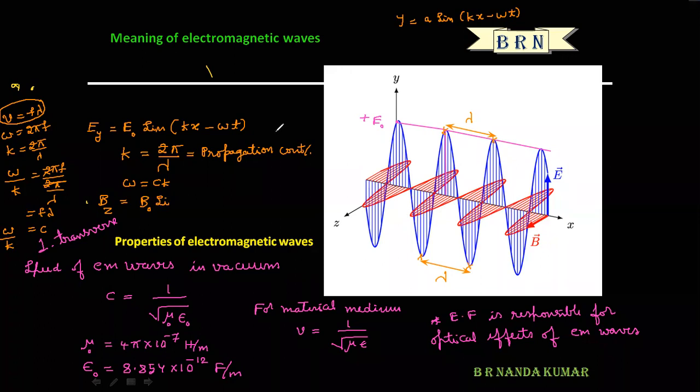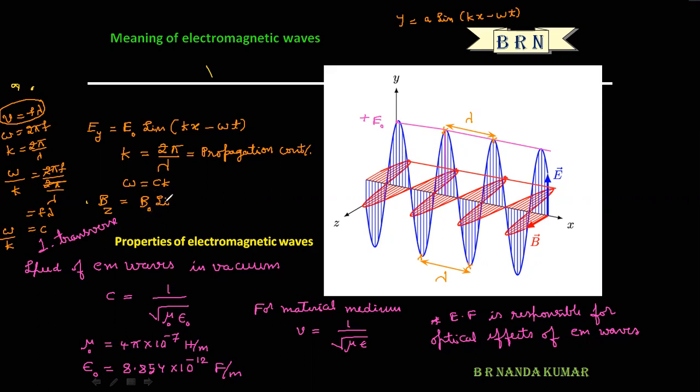Look at this diagram. This is the amplitude of the magnetic field, so that is B naught.